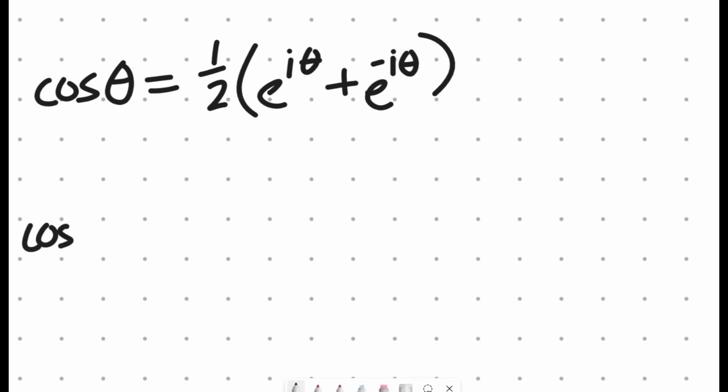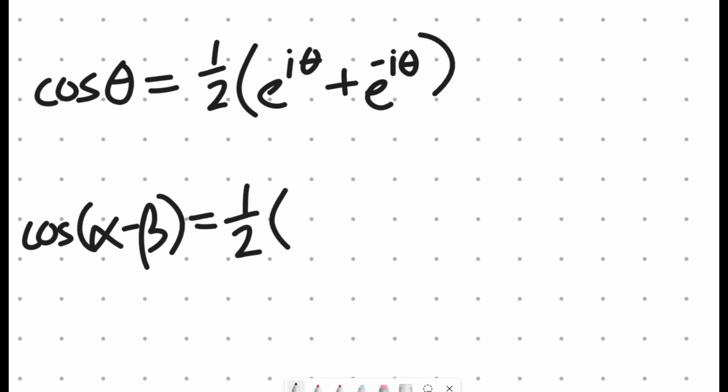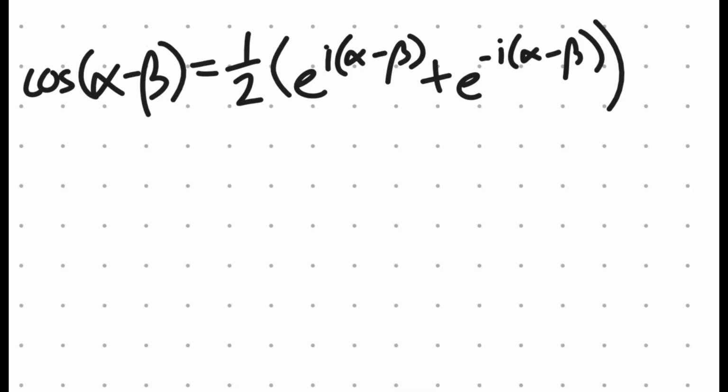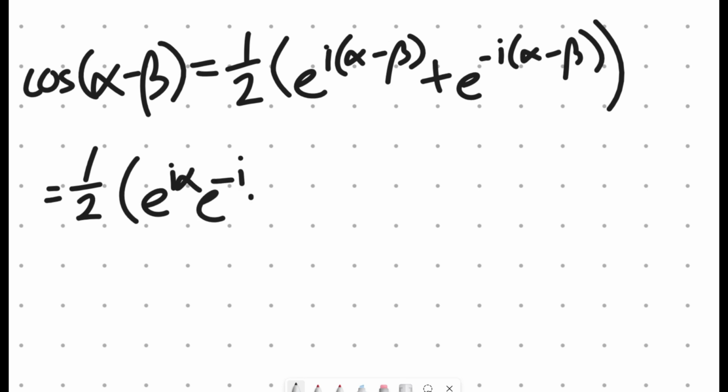Since we have alpha and beta, we write cosine alpha minus beta is equal to 1/2 times e to the i alpha minus beta plus e to the negative i times alpha minus beta. Using the exponent rule, this becomes 1/2 times e to the i alpha, e to the negative i beta, plus e to the negative i alpha, e to the i beta.